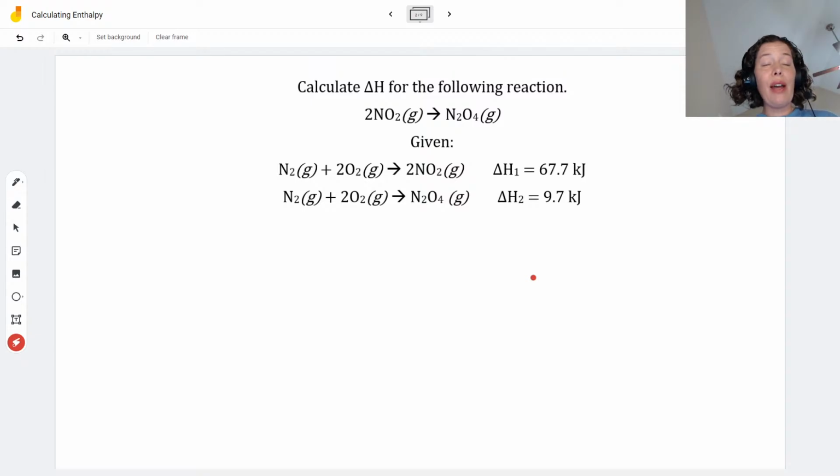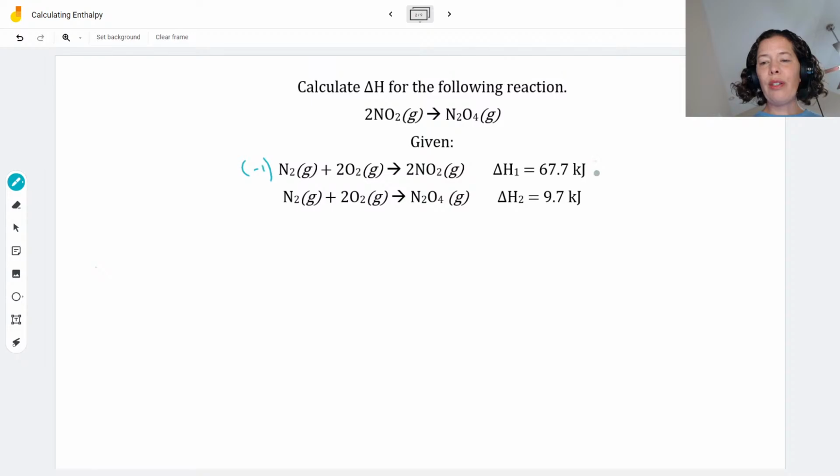Now I can flip either reaction. It doesn't matter, but something that prompts me to flip my top reaction here is my bottom reaction already has my product in the right spot. So it already has the product I want as a product. So I would rather not flip that reaction, because that is going to make that product then a reactant. So my first step is going to be flipping this reaction, which means that I am going to multiply this reaction by -1.